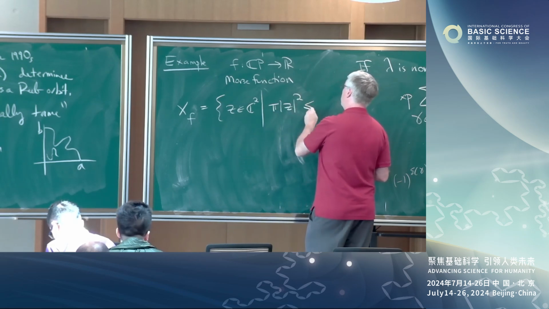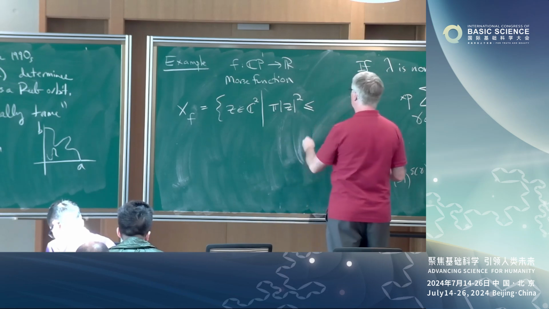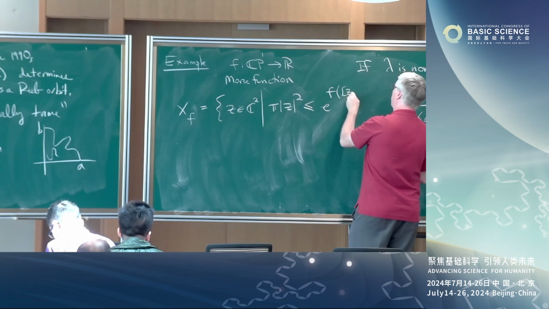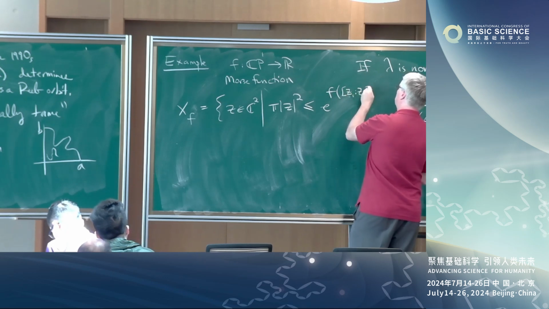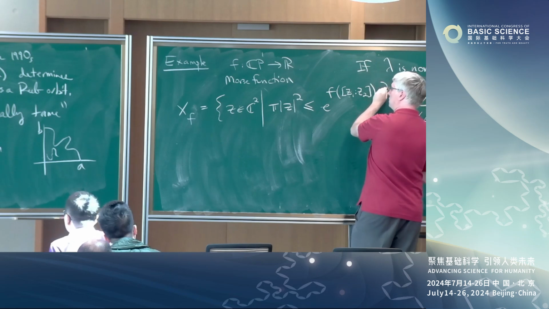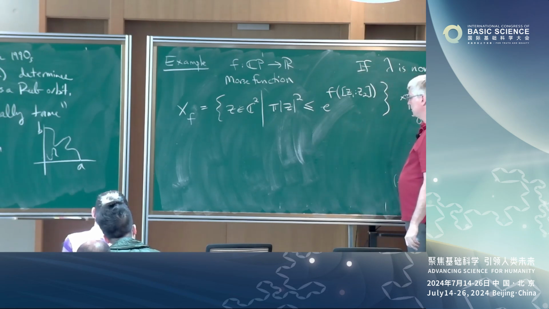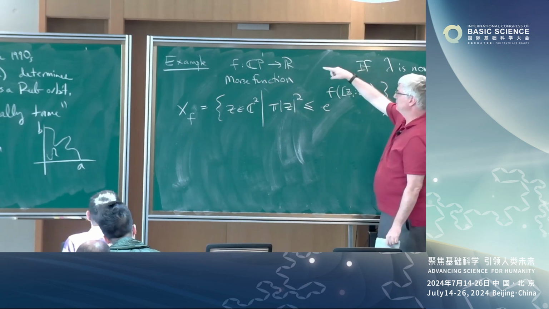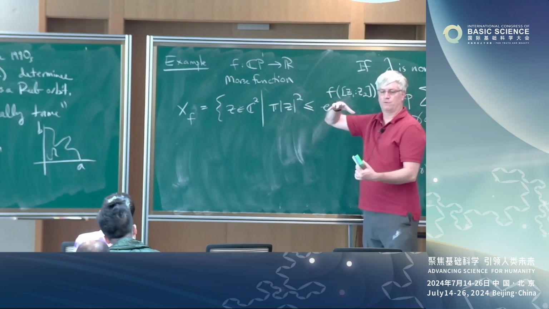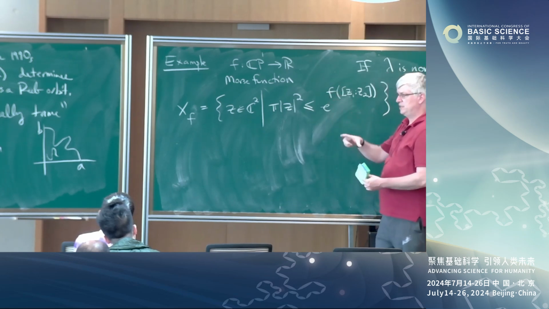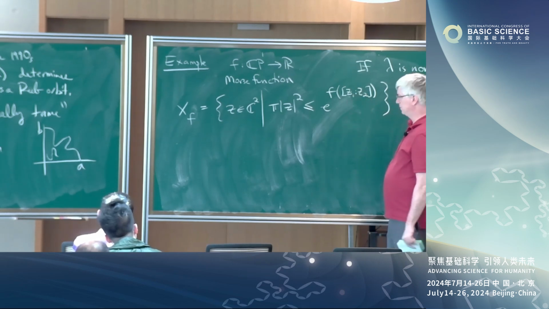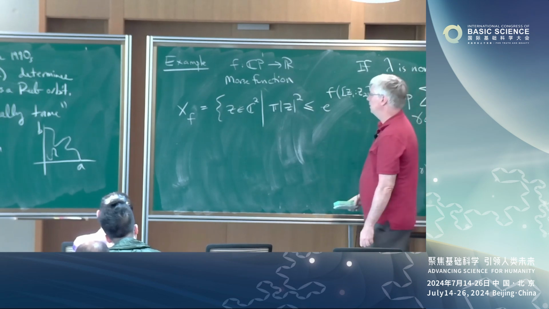Phi(z) squared is less than or equal to e to the f of the corresponding point in CP^1. So what I'm doing is I'm taking the four-ball, and you can think of this as a very small Morse function. I'm taking the four-ball and I'm perturbing it. Each Hopf circle is getting scaled by e to the f of the corresponding point in CP^1.